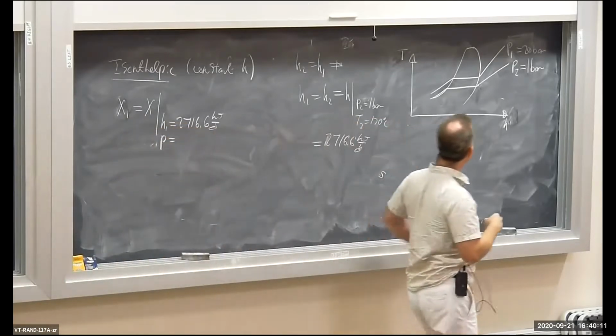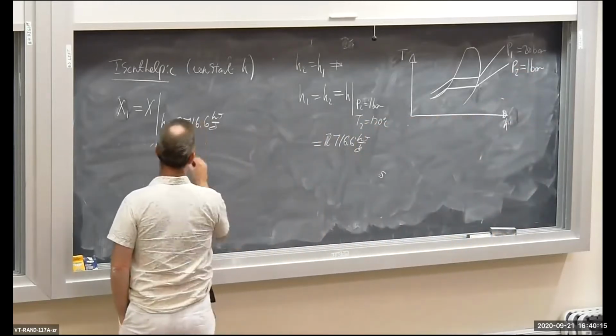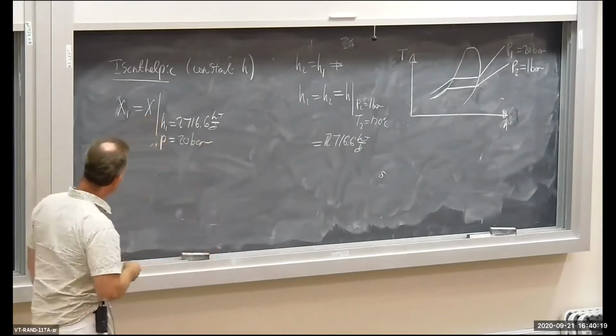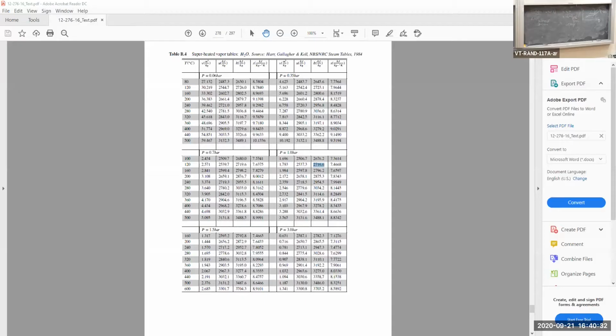P1 is 20 bar. Let's check H for a saturated vapor at 20 bar. What is the specific enthalpy? Let's see if we are above or below it.